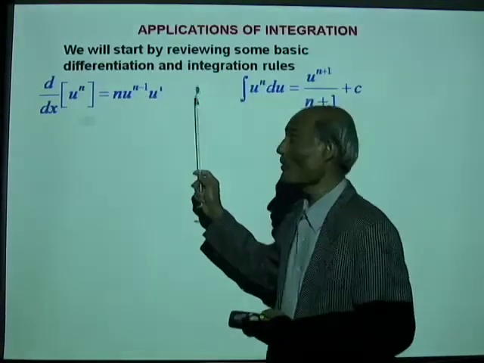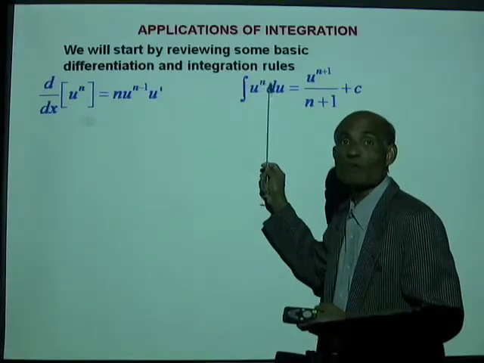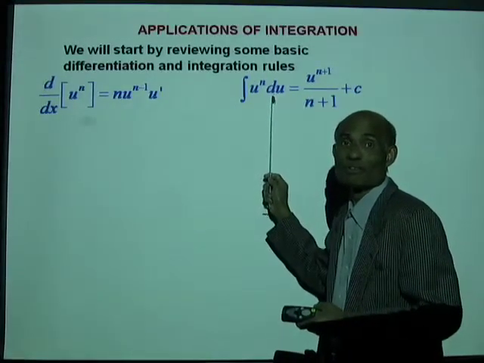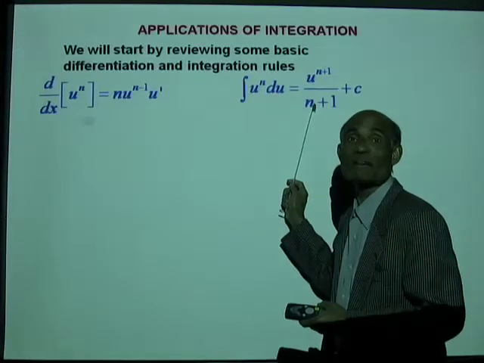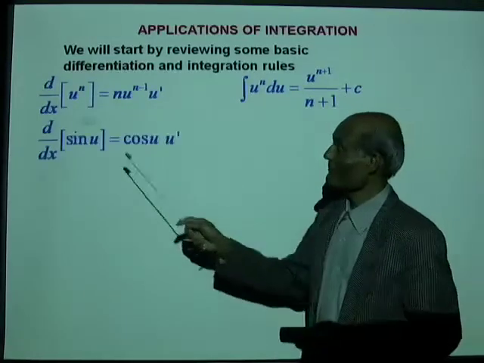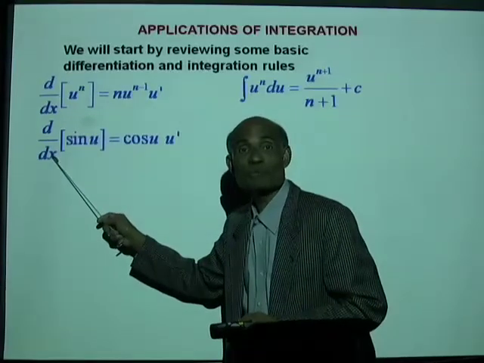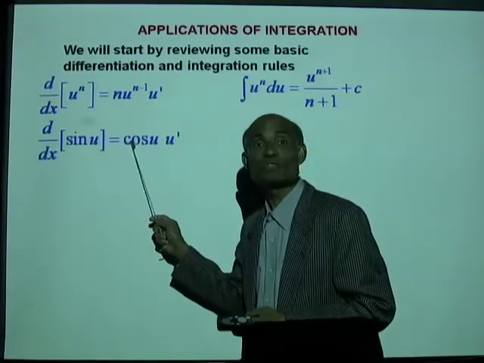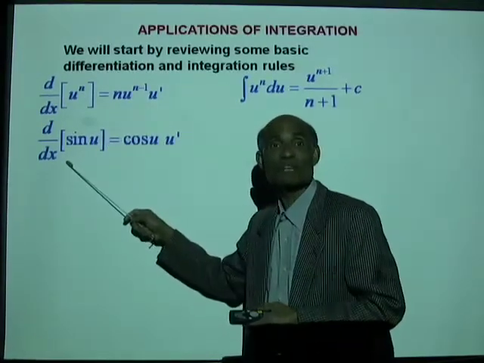Alright, therefore, what is the integral of u to the power of n du? It will be u to the power of n plus 1 over n plus 1 plus c. Another one, the derivative of sine u with respect to x is cos u times the derivative of u with respect to x.